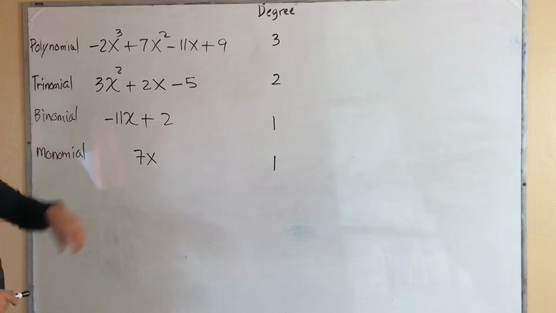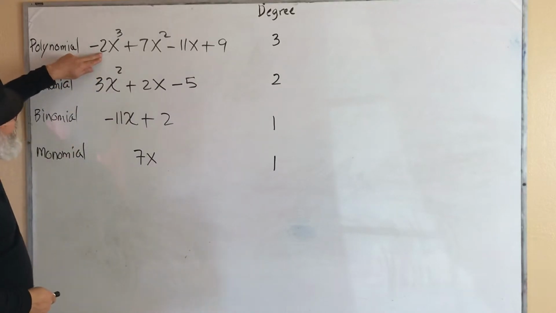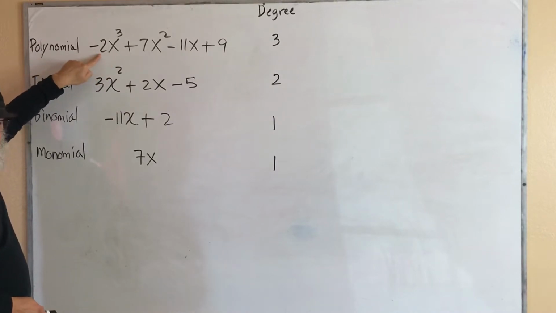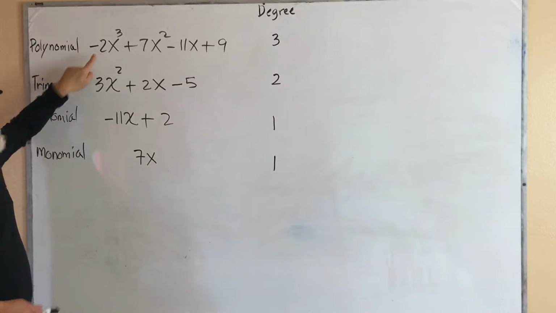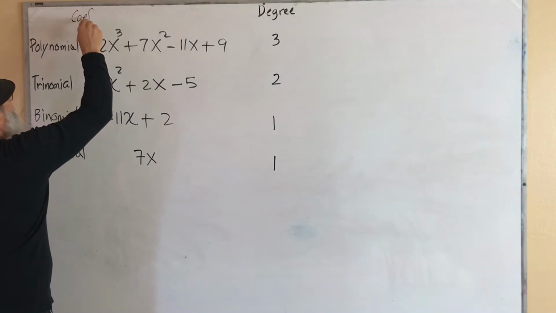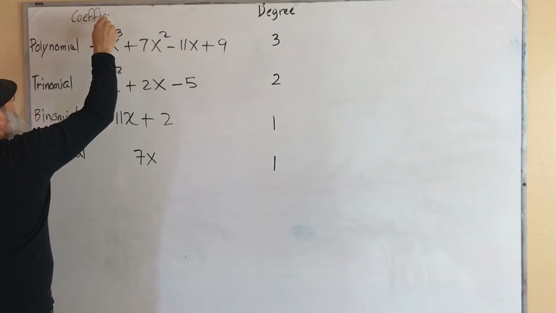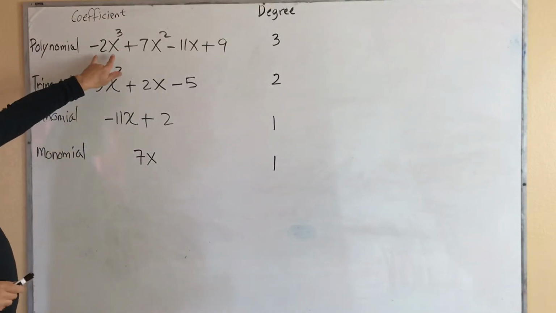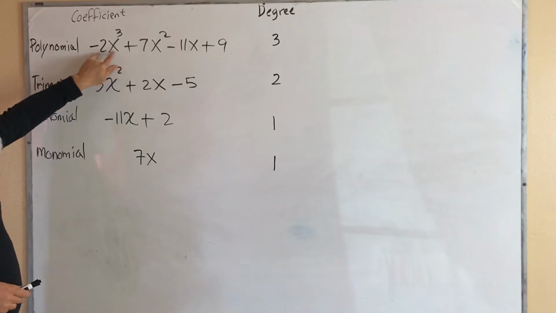By the way, you see this, the numerical part of this term is -2. This -2, we call it a coefficient. This term has a coefficient of -2.